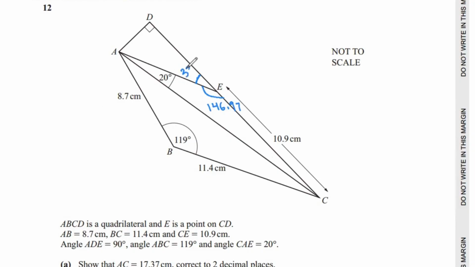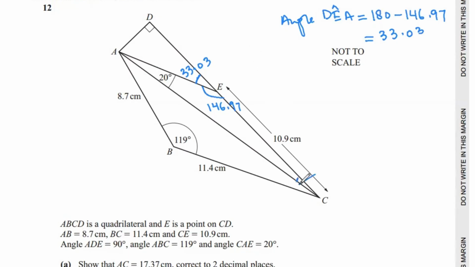That's 33.03. Angle DEA is 180 minus 146.97, that's 33.03. And we can find this length.